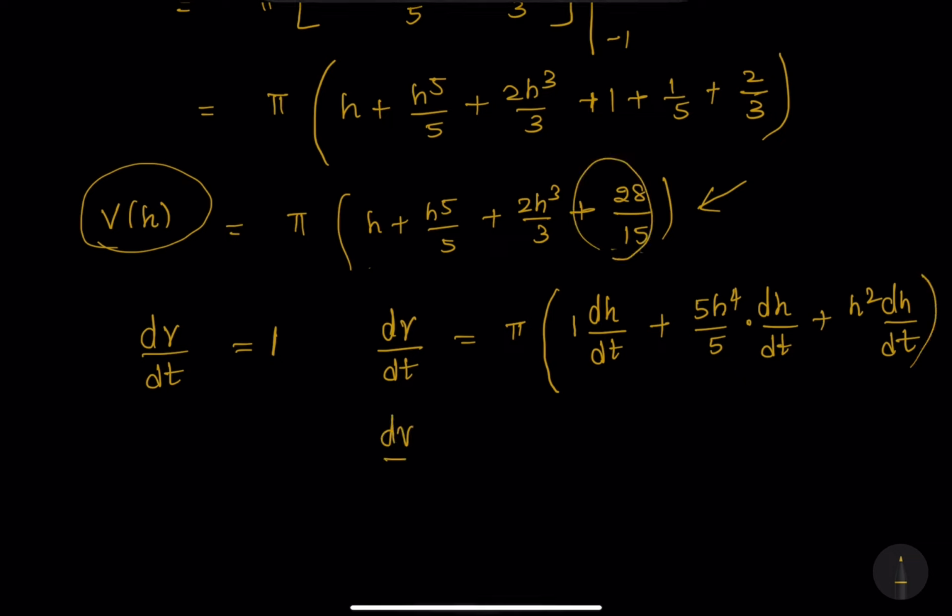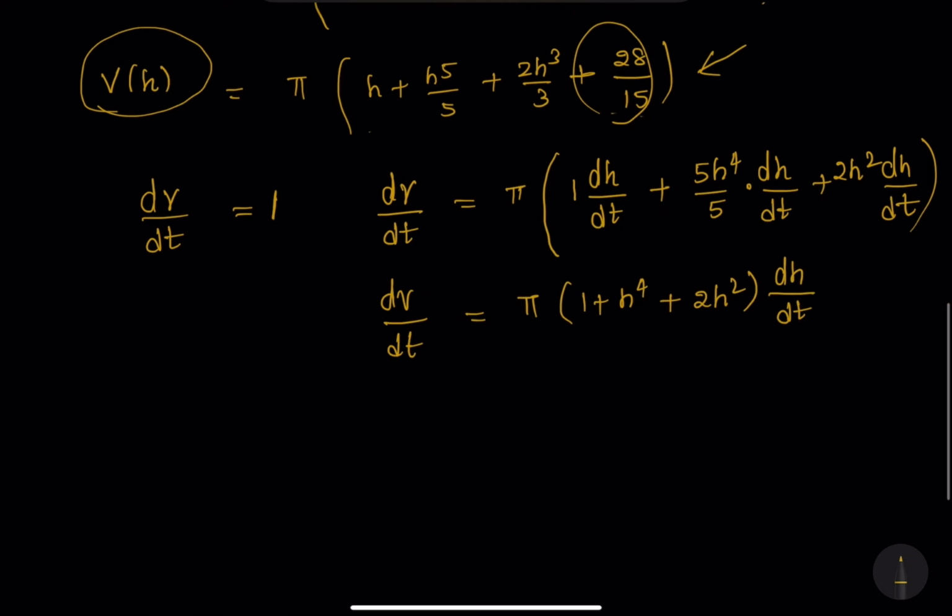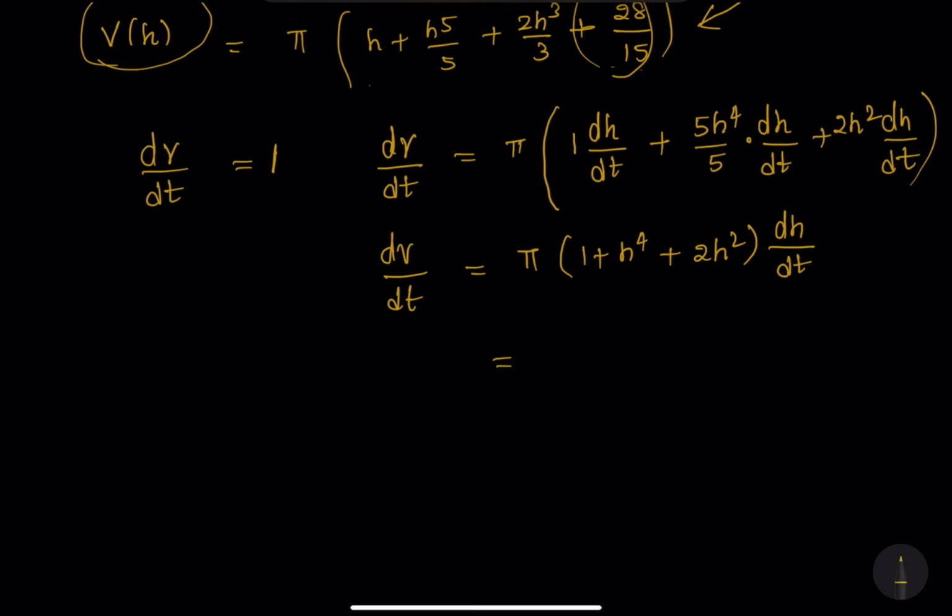So your dV upon dt is simply pi times (1 plus h power 4 plus 2h square) multiplied by dh by dt. Alright, so this is simply pi times (1 plus h square) whole square dh upon dt.